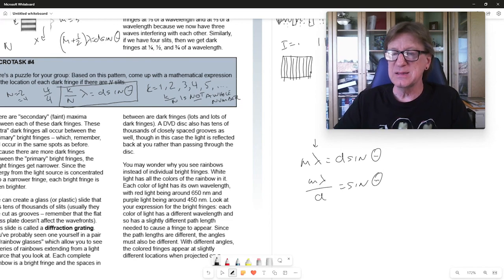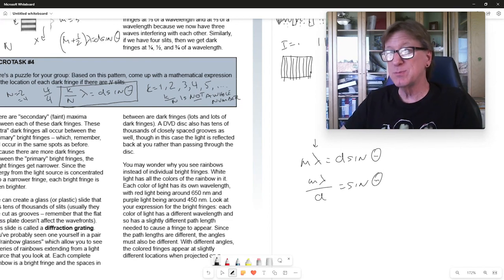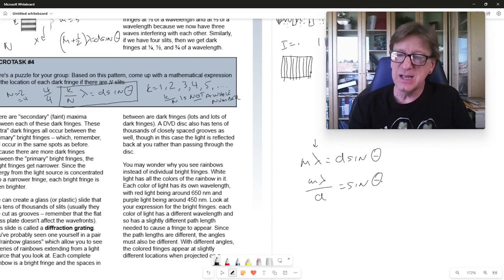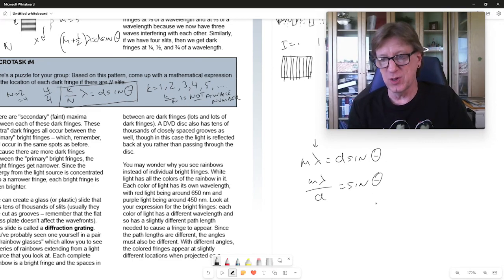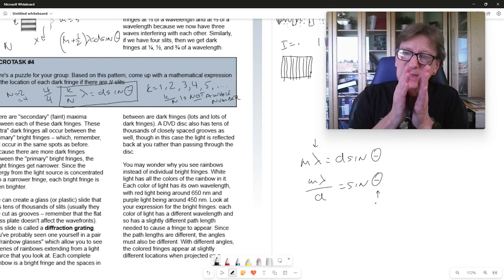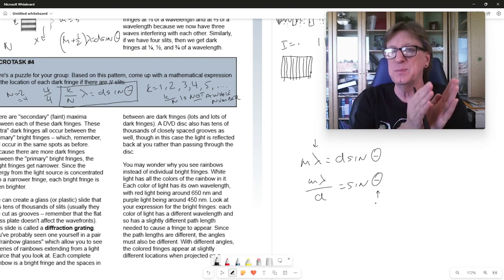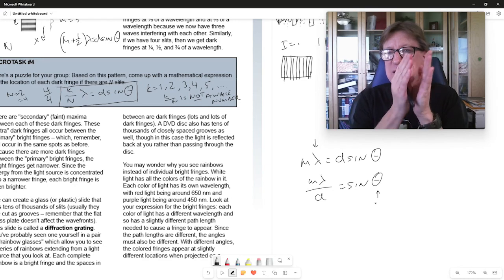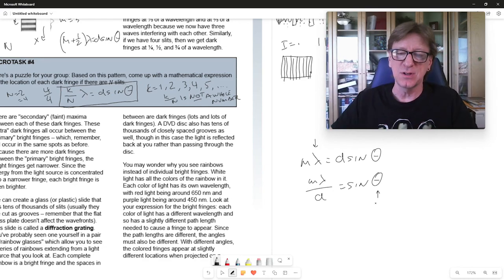So you see that as lambda gets smaller, which corresponds to blue light, we're going to learn, then sine theta also has to get smaller. And that tells me that the angle there has to change as well. So what happens then is that since the angle is changing, blue and red will be in different positions. And so that white light is getting split, and that's what's causing your rainbow.